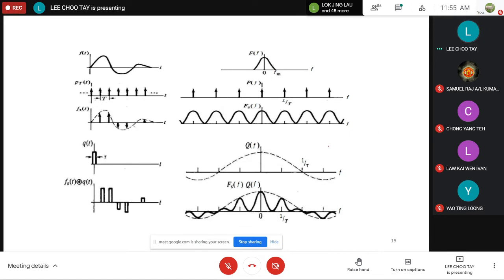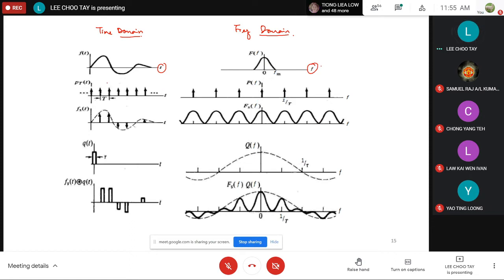This slide shows you the time domain as well as the frequency domain representation of method number 2 flat top sampling. This is for time domain, this is for frequency domain. How do I know? This is time, this is frequency.